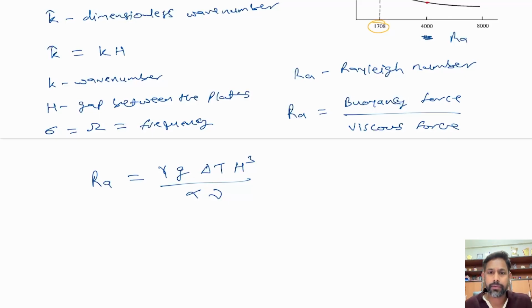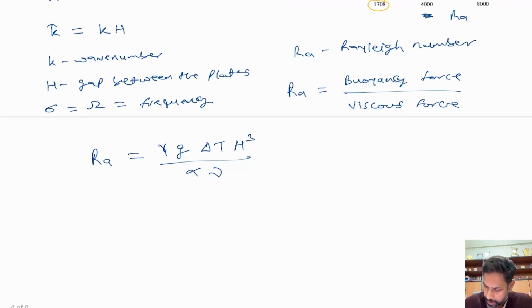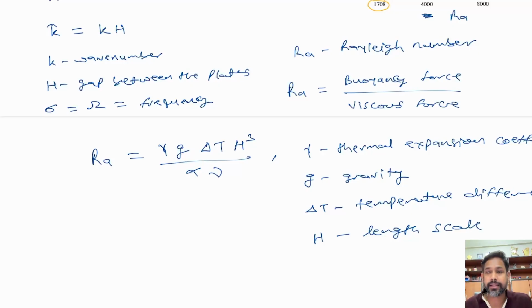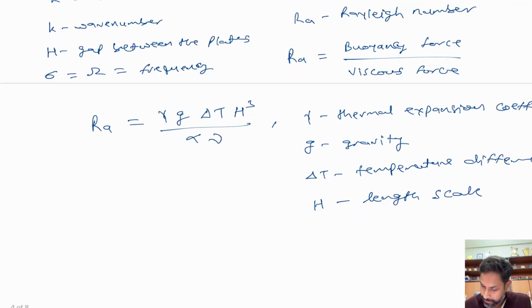Okay, and this is something we have done before also, where gamma here is the thermal expansion coefficient, g is obviously the gravity, delta T is the temperature difference, H here is the length scale, which in the current case is the gap between those two parallel plates.